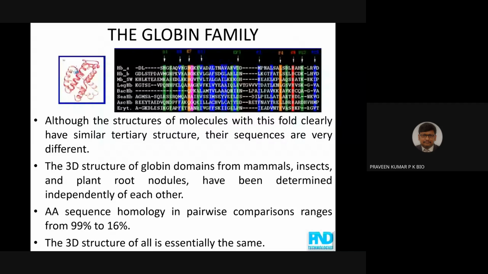Now let me explain something about the structure with an example. Take the globin family of proteins. In this example, I've shown hemoglobin A chain, hemoglobin B chain, and myoglobin of swine. The first two belong to human, the third belongs to the swine.